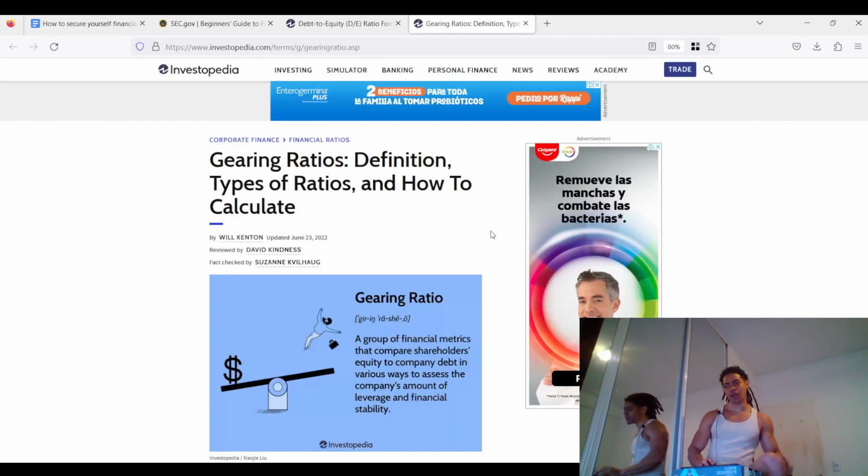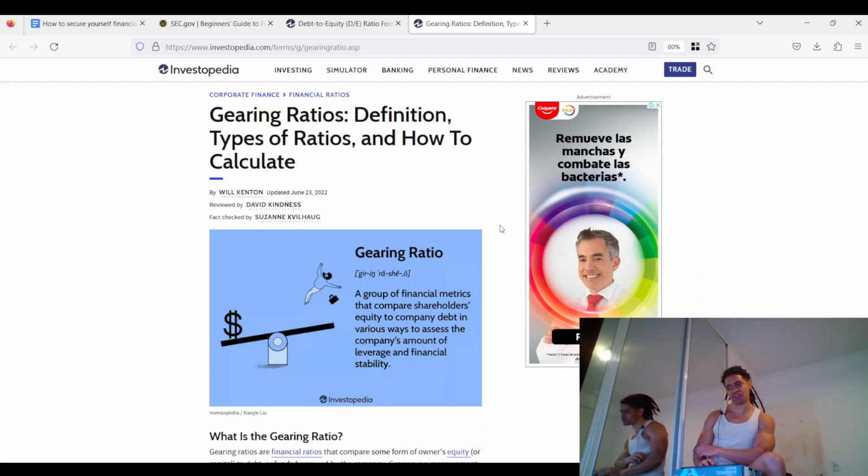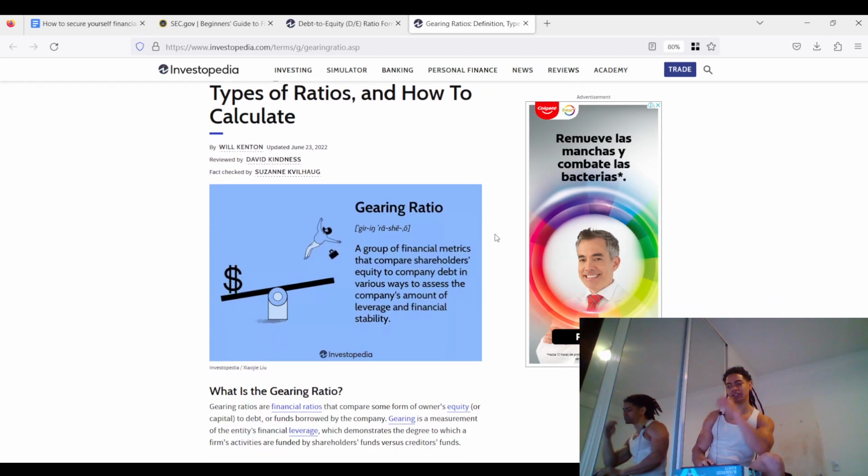So gearing ratios, a group of financial metrics that compare shareholders' equity to a company's debt in various ways to assess the company's amount of leverage and financial stability.